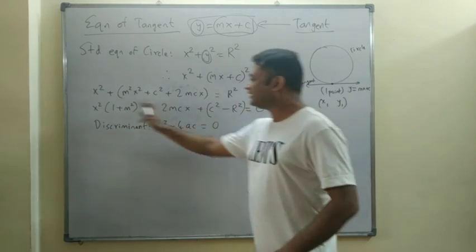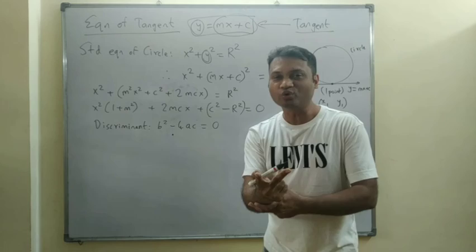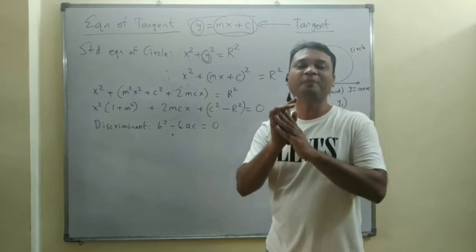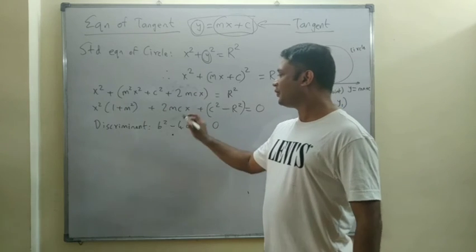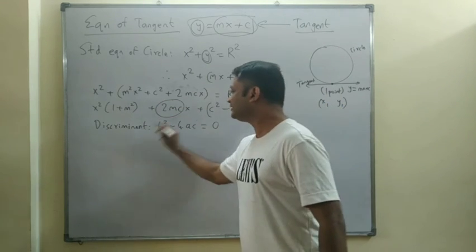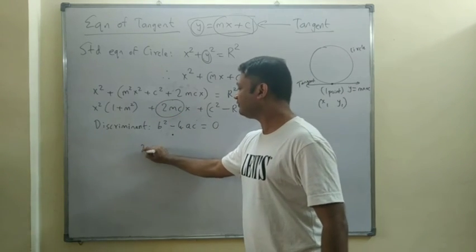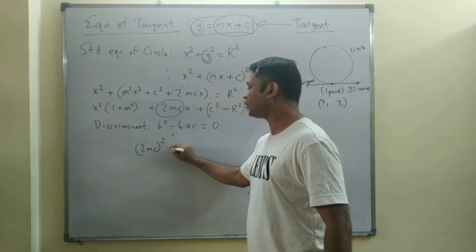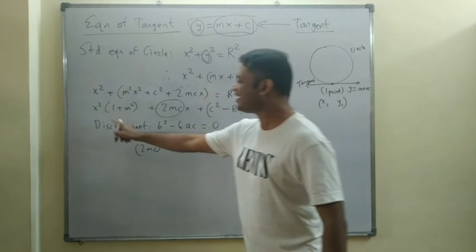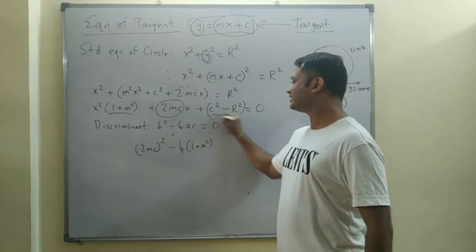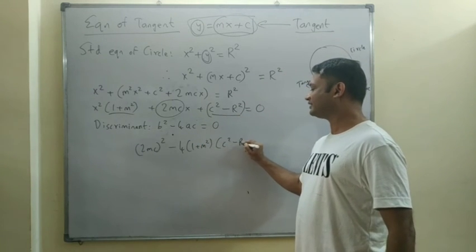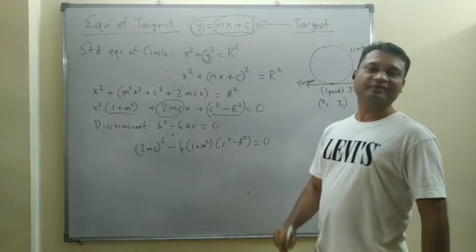This quadratic equation gives two roots, but both the roots should be the same. So the discriminant should be 0. So b square, where b is 2mc, will be 2mc the whole square minus 4 into a, which is 1 plus m square, into c square minus r square. So this equals 0.